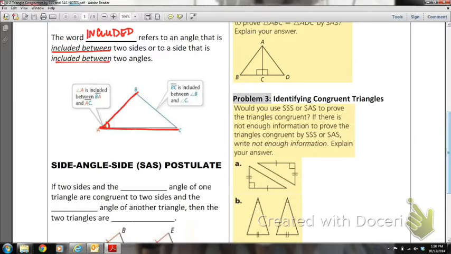On the other side, we have side BC. Side BC is included between angle B and angle C. So we have to know this definition for included before you can understand the next postulate.